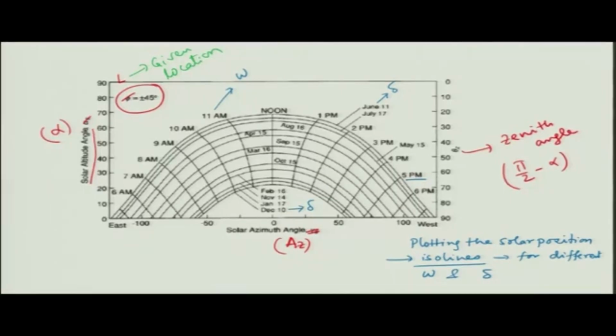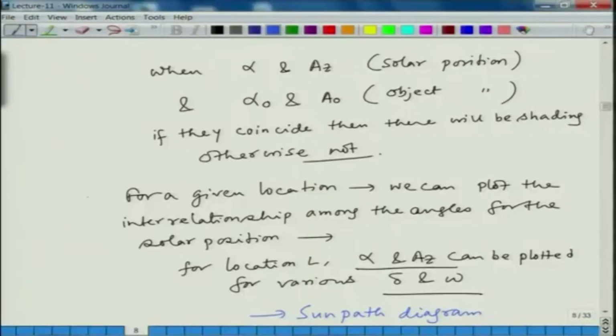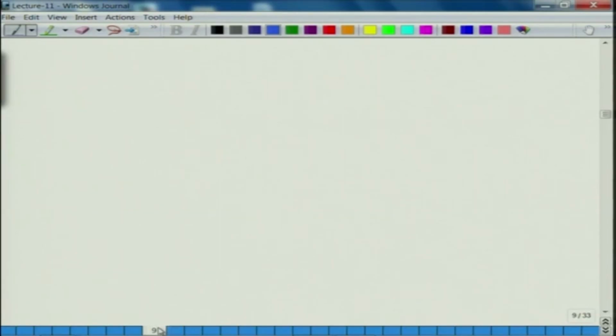Okay. So, this sun path diagram tells you the relative position of the sun with respect to the collector point. Now, we discussed here that we need both the solar position as well as the object position. The solar position is obtained from the sun path diagram.